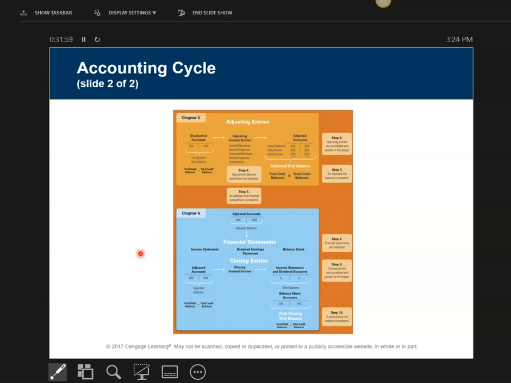The rest of this PowerPoint is not going to have lectures on it, but it is a sample illustration of a whole accounting cycle. Actually, you know what? I will make a video for the illustration of the accounting cycle. So as you do project number 1, which opens next week, and chapter 4 homework, it will help you.